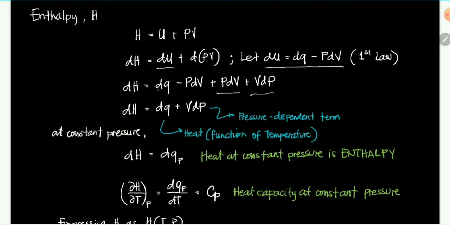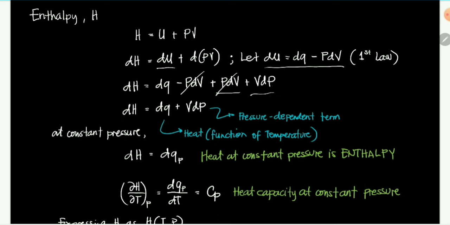So dU becomes dq minus PdV, plus the derivative of the product, which is PdV plus VdP. So dq minus PdV plus PdV, this is cancelled, plus VdP. So dH is equal to dq plus VdP.